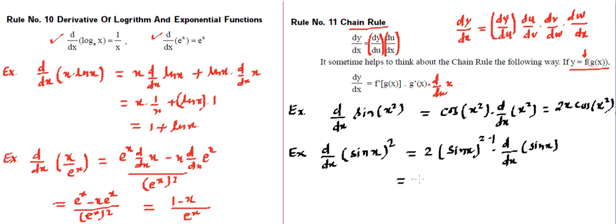So this will become basically 2 times sine x from this, and into sine x will get converted into cos x. And then this is 2 sine x cos x, that can also be written as sine 2x. So sine 2x will become our final answer for differentiation of sine x whole square.